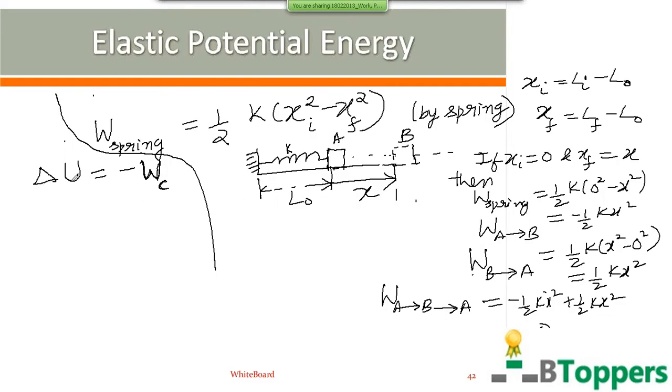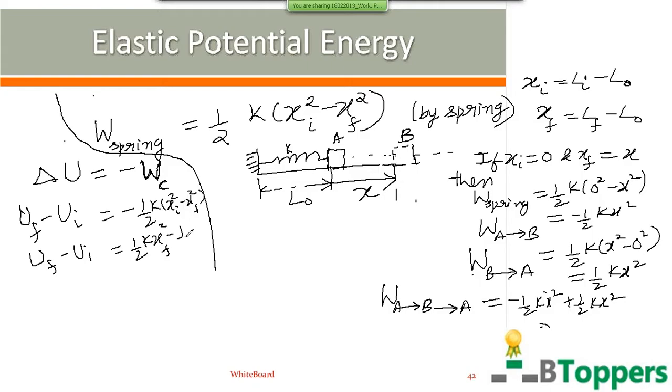The change in potential energy is equal to the negative of the work done by the conservative force. So the change in potential energy we write as UF minus UI, where UI is the initial potential energy. The work done by the conservative force, meaning the work done by the elastic force by the spring, is equal to half k into xi square minus xf square. Therefore, UF minus UI is equal to half k xf square minus half k xi square.